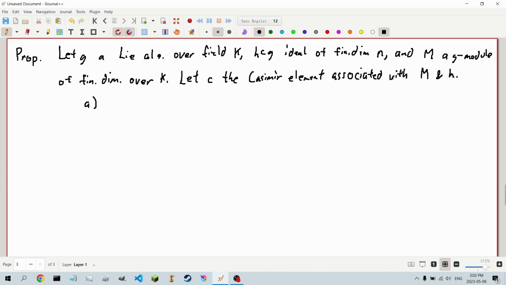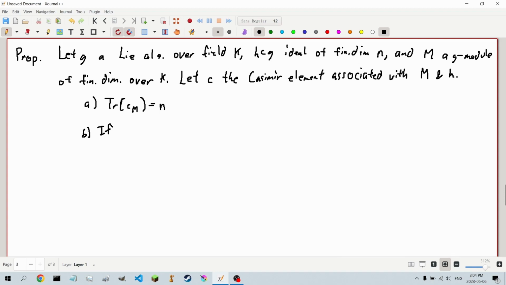And your two assertions here. The trace of the action of the Casimir element in G module M, essentially the representation of this element acting on M, is equal to the dimension of H, which is n.